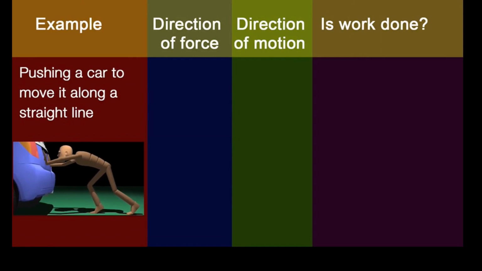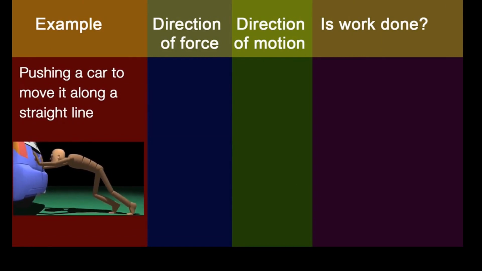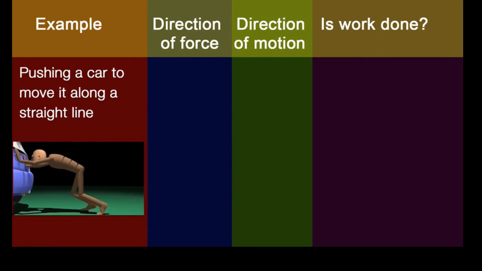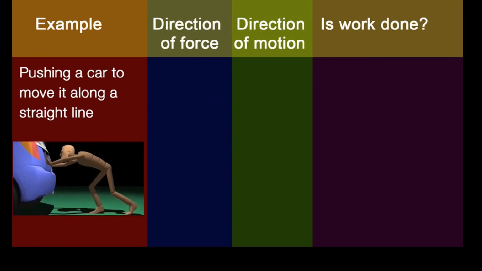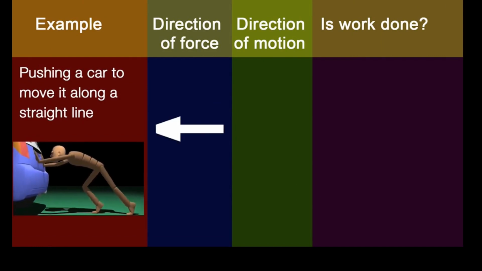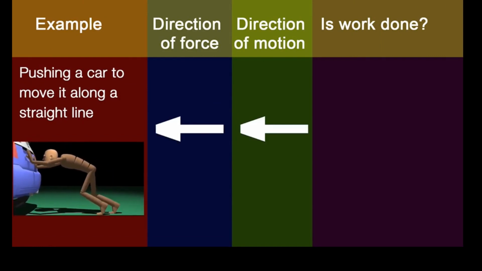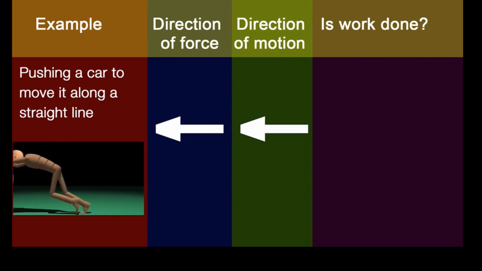The animation on your screen illustrates examples of work done in science. In the first activity, we have pushing a car to move it along a straight line, and you can see the direction of motion. Now let's have a remark.